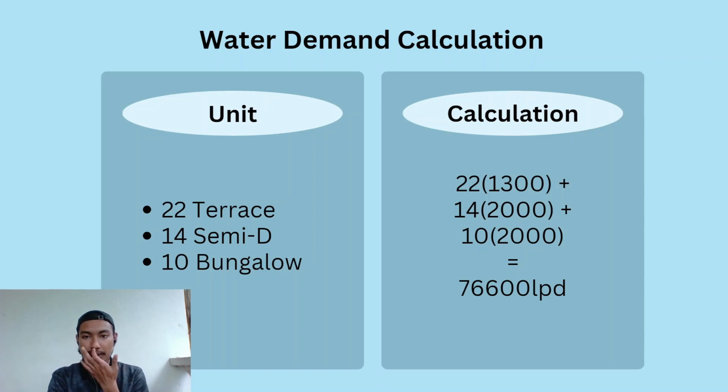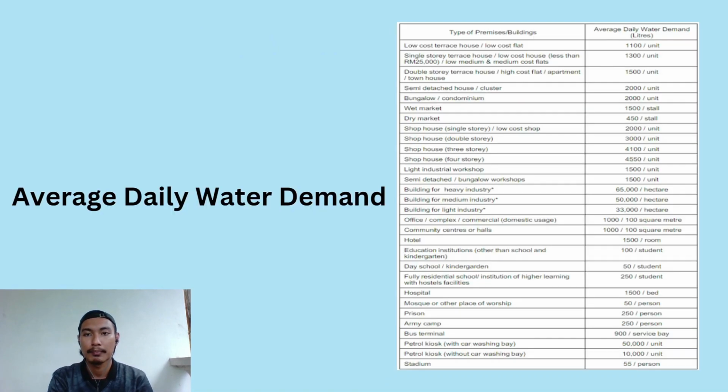For the calculation, the number of terrace units is multiplied by the average daily water demand, and then we add 14 units times 2000, and the bungalow is added with 10 times 2000. Then we get the water demand value of 76,600 liter per day.